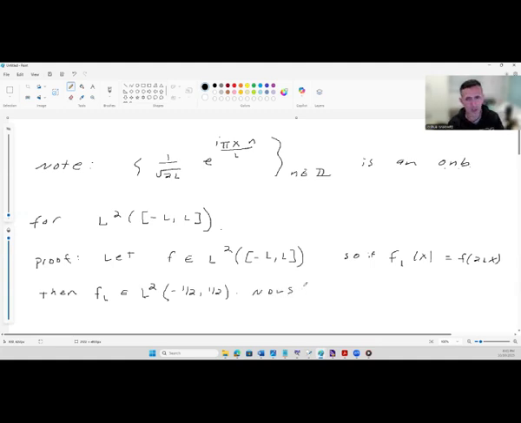Now we use, yeah, just use Parseval's theorem for L2 minus 1/2 to 1/2.